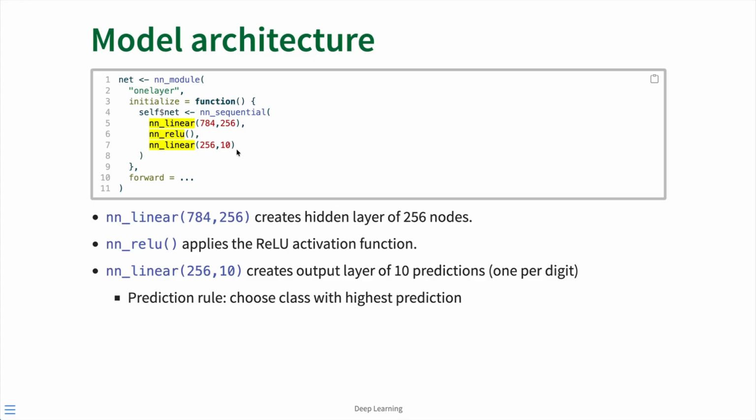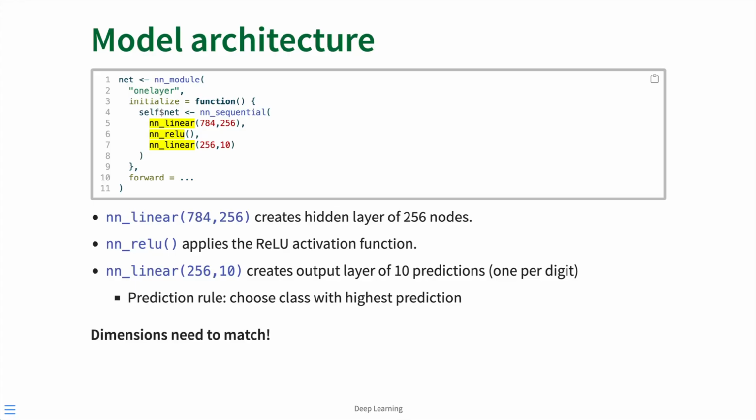And then the way we would make a prediction is we would say, which of these 10 possible outputs is highest? And that's the number that we're going to predict as the image. So if the 6th output in this layer of 10 outputs was the highest, we would predict that it's the 6th digit that's in the image.